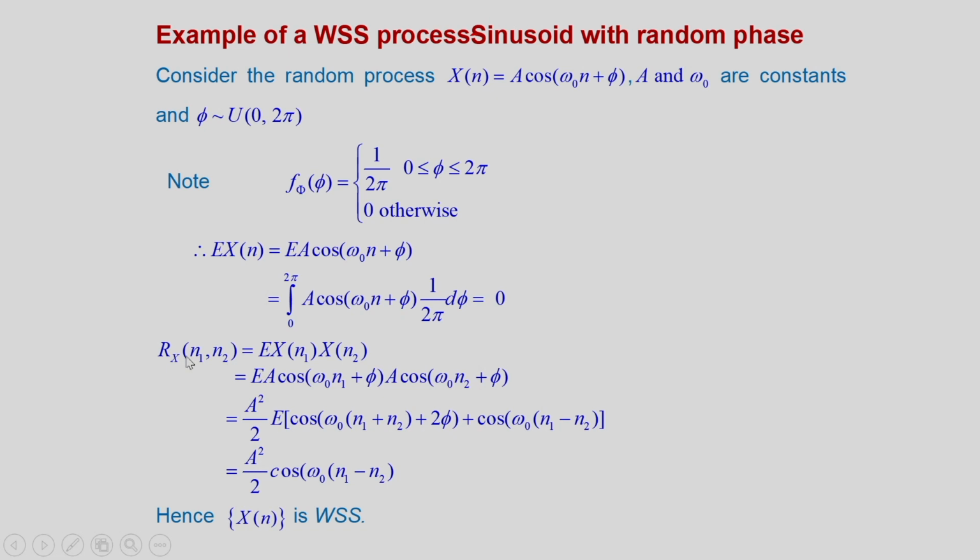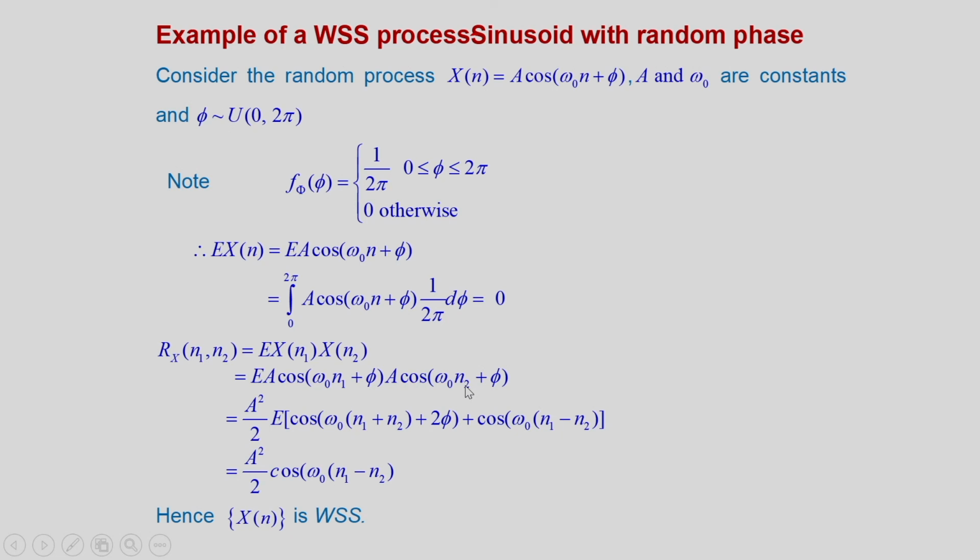Now, let us find out Rx of n1 n2. This is equal to E of x n1 x n2, by definition, and that is equal to E of A cos(omega naught n1 plus phi) into A cos(omega naught n2 plus phi). Now, there is a product of two cosine terms.